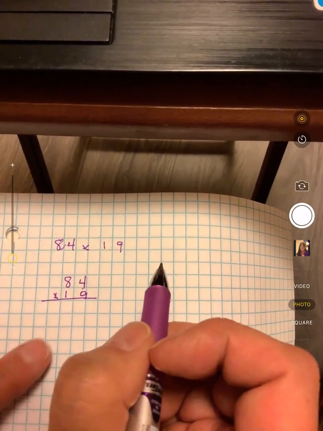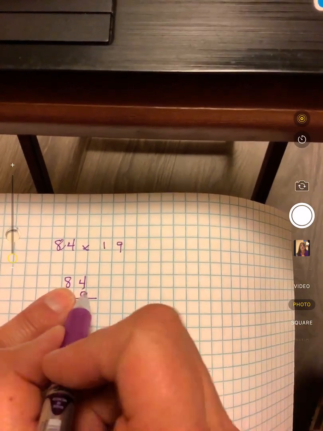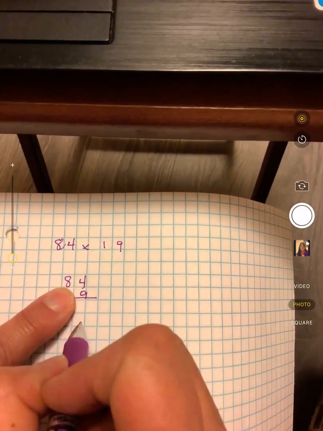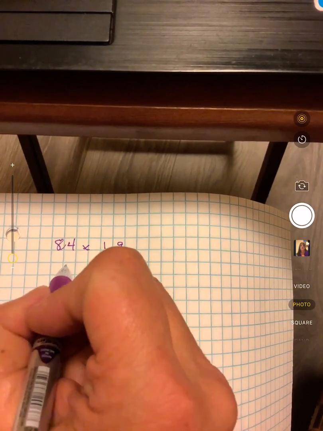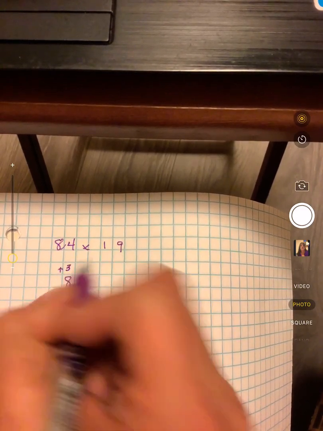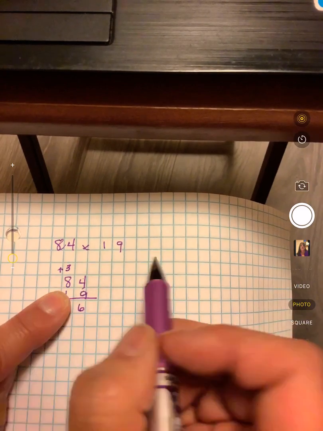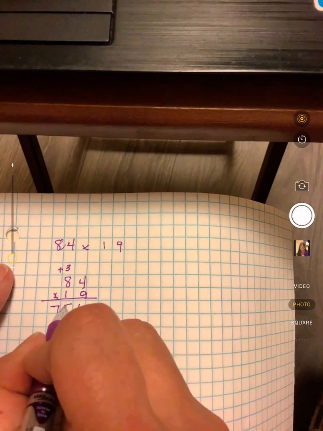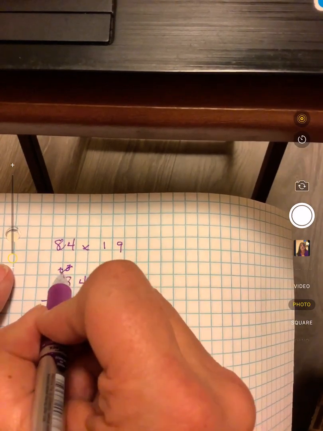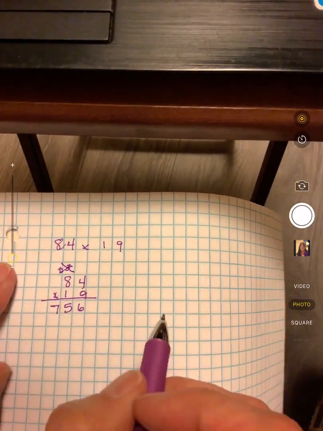Another thing that might help is if you do that. Okay, you've done problems like this before. 9 times 4 is 36. Carry your 3. 9 times 8 is 72, plus 3 more, 75. Go back and cross that off because you don't want to use it again.